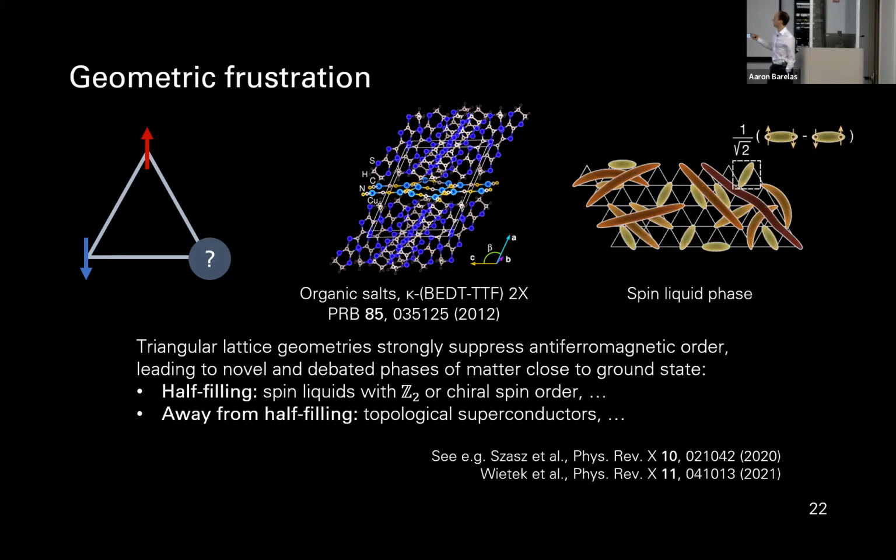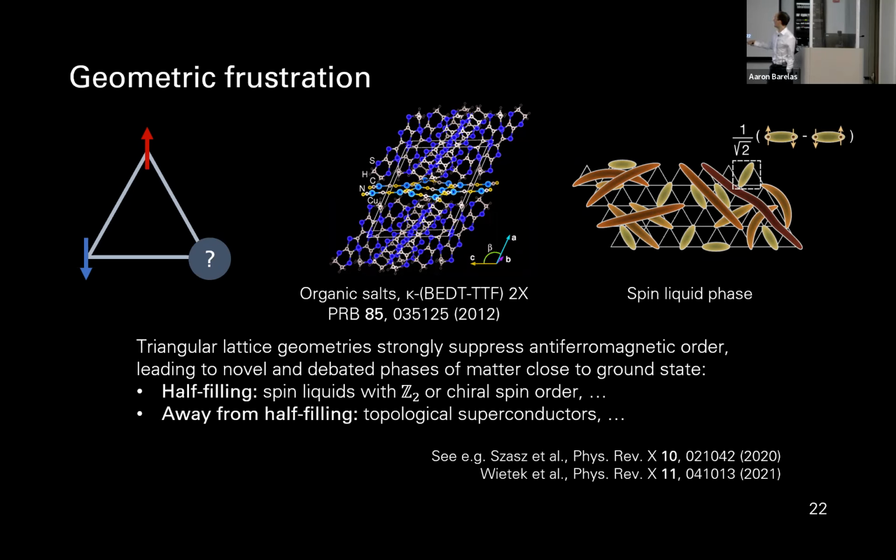And overall, these triangular lattices and frustrated geometries have generated a lot of theoretical interest due to the possibility of very exotic phases of matter, such as spin liquid phases at half filling in the triangular lattice. And away from half filling, the fate of these phases is even more unclear. Some work has hypothesized topological superconductivity, for example.